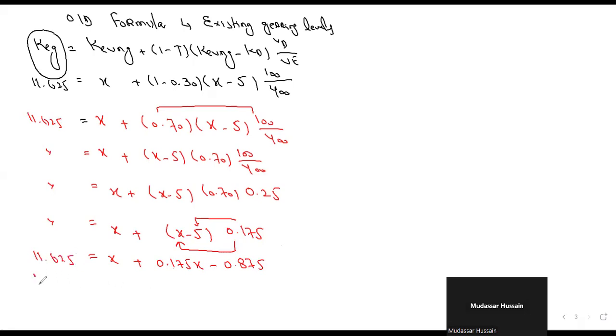Now 11.625 plus 0.875 is equal to 1.175x.